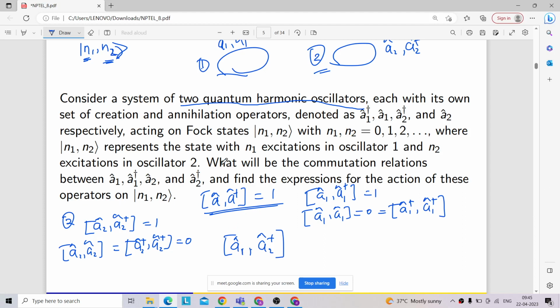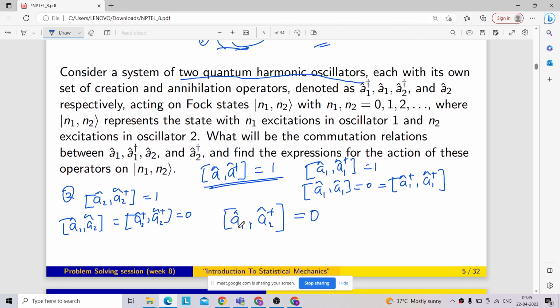As I told you earlier, these systems are independent of each other, so the commutation relation will be 0. Whatever I take, A1 with A2 also, this will also be 0.